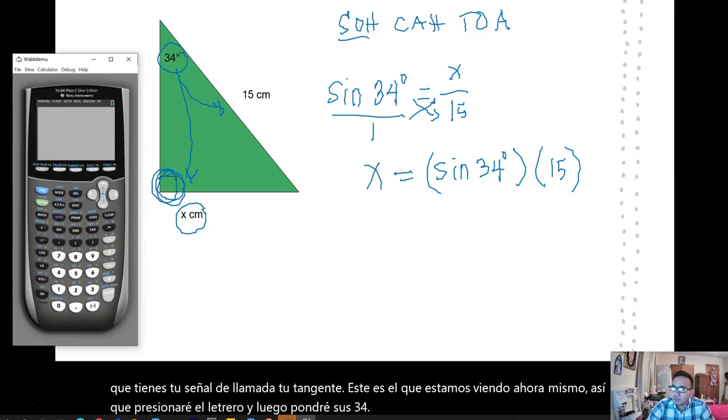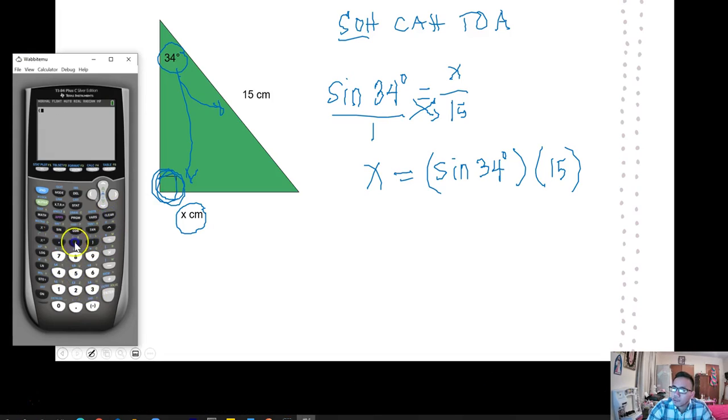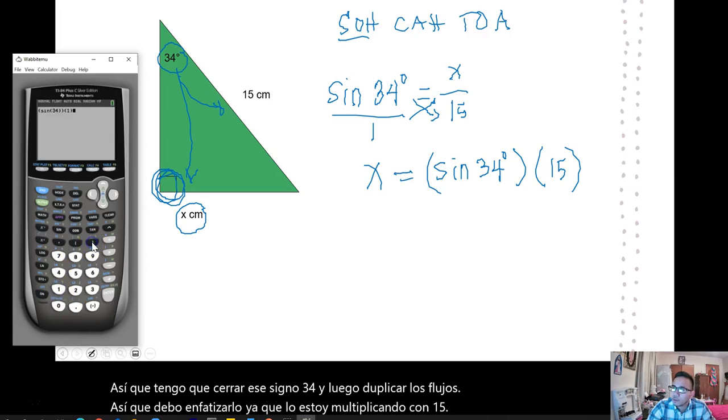Oh, wait, I have to close that. Sine 34 and then close, since I'm multiplying it with 15. Oh, sorry about that.